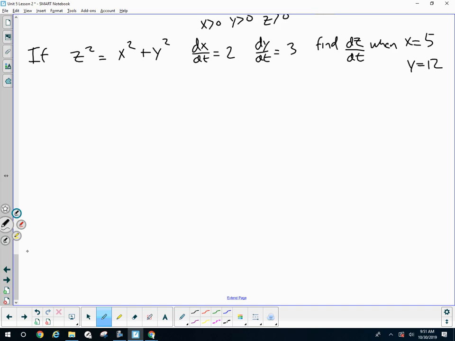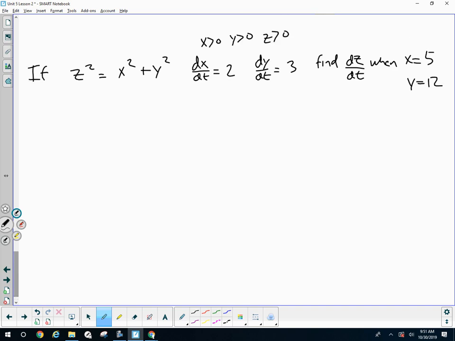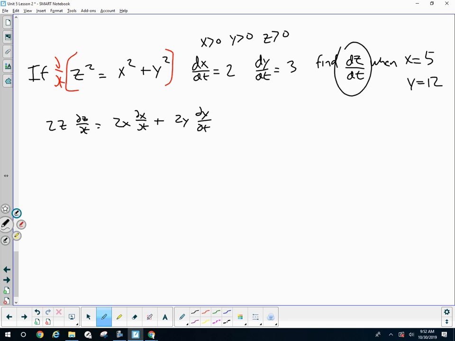Last one. z squared equals x squared plus y squared. Take the derivative with respect to t. I get 2z dz/dt equals 2x dx/dt plus 2y dy/dt. I'm given a bunch of information. I want to find dz/dt.